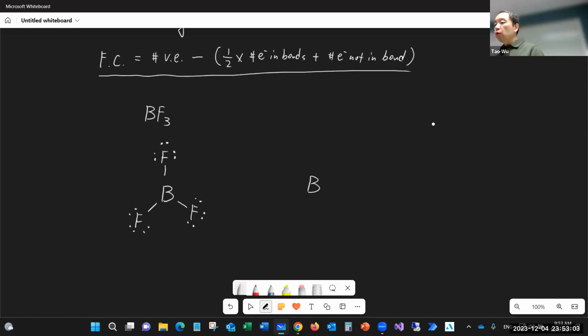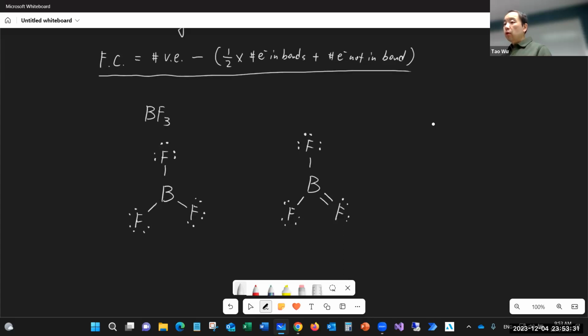But if you follow the octet rule, you can also write the structure like this. If you write it like this, it follows the octet. But this one follows the octet and is still not the correct structure, while the one that does not follow the octet is correct. So that's why we still use the formal charge to determine it.